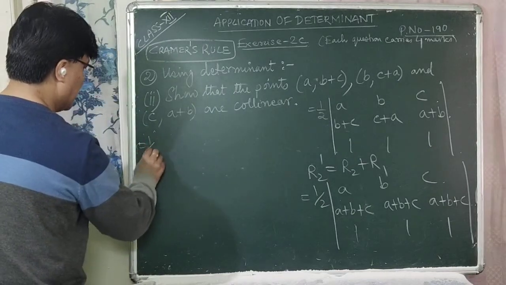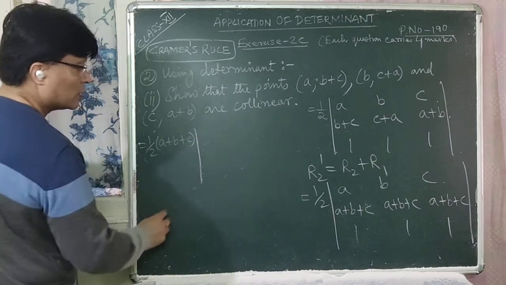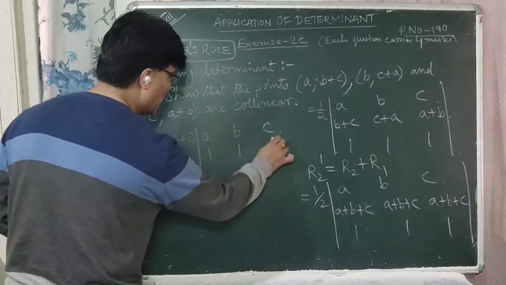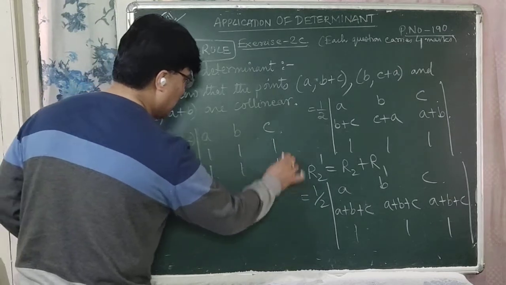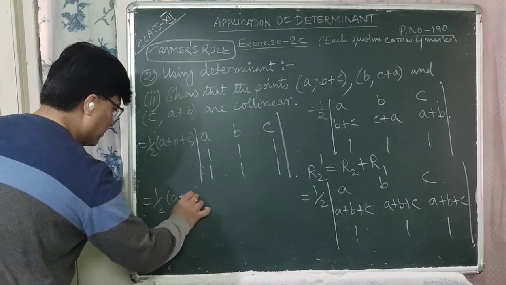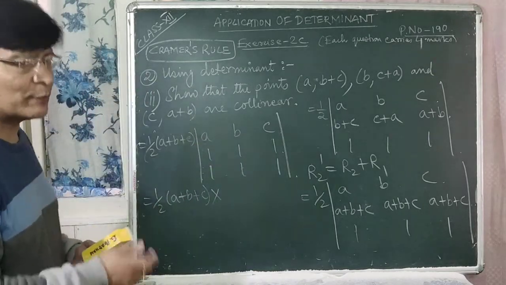So is equal to half within bracket A plus B plus C. So first row is A, B, C. What is the second row? 1, 1, 1. What is the third row? 1, 1, 1. Okay. So is equal to half into A plus B plus C into what? What is the value of this determinant? You know properties of determinant.